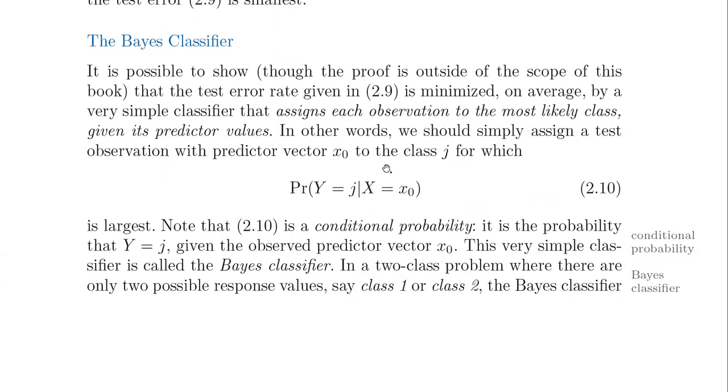In other words, and we'll probably have to explain this notation tomorrow, we should simply assign a test observation with predictor vector x0 to the class J for which this is largest. Please tell me that you haven't understood anything.